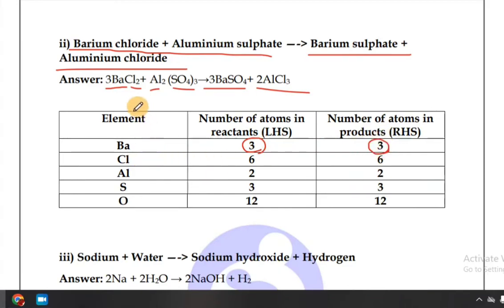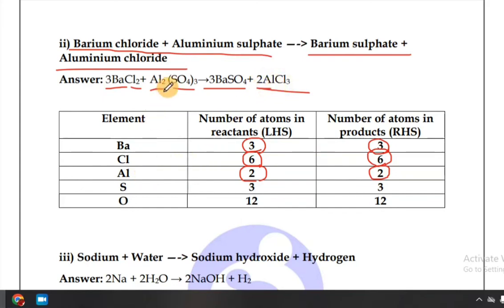And chlorine, here we have 3 2s are 6 atoms of chlorine. In product side also 6 atoms of chlorine, and 2 atoms of aluminium are present in the reactant side, and in product side also 2 atoms of aluminium are present.